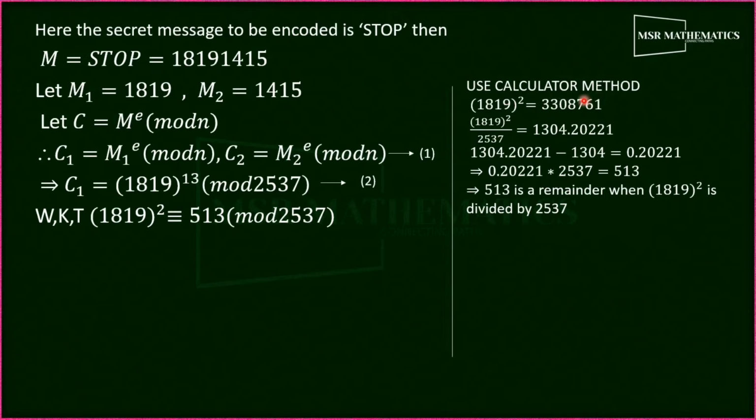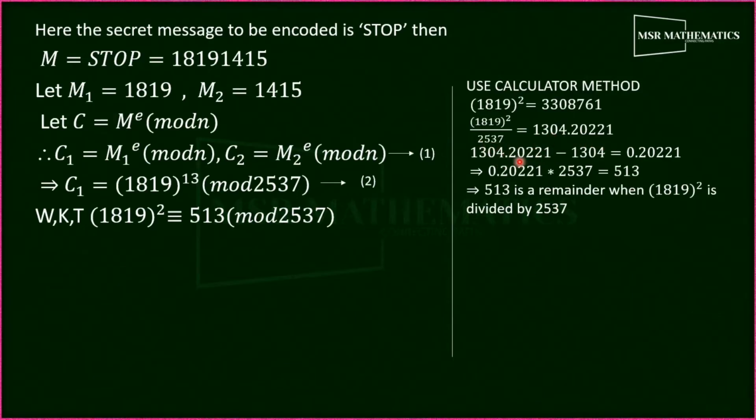Here calculator method means first we have to take the value which is divided by 2537. We have to divide 1819 square by 2537. With the help of the calculator, 1819 square is 3308761. Next we divide this value by n, that is 2537, and we get 1304.20221.